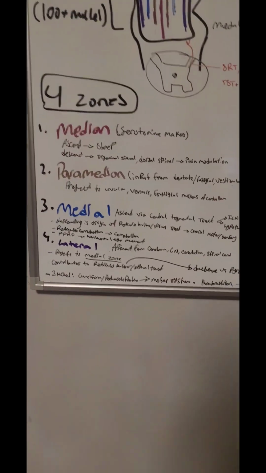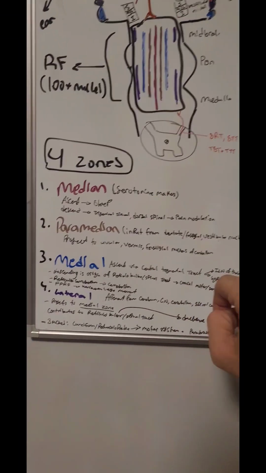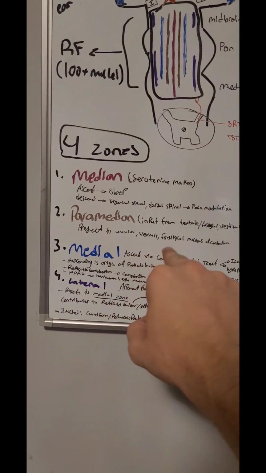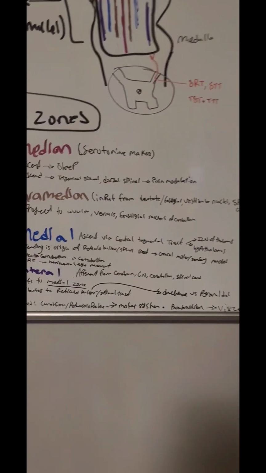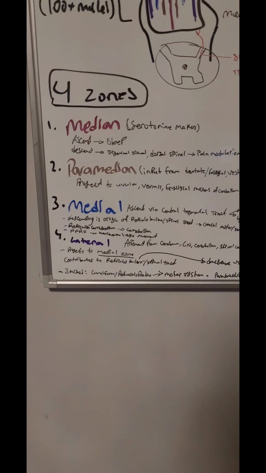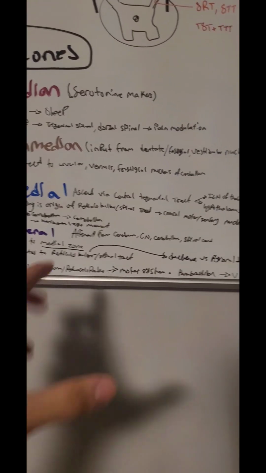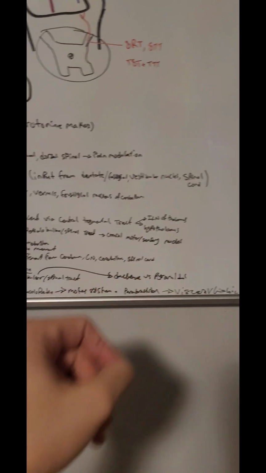The paramedian receives input from the dentate, the fastigial, the vestibular nuclei, and the spinal cord, and it projects to the uvula, the vermis, and the fastigial nucleus of the cerebellum. Now, the medial zone has ascending fibers via the central tegmental tract that go to the interlaminar nuclei of the thalamus and the hypothalamus.